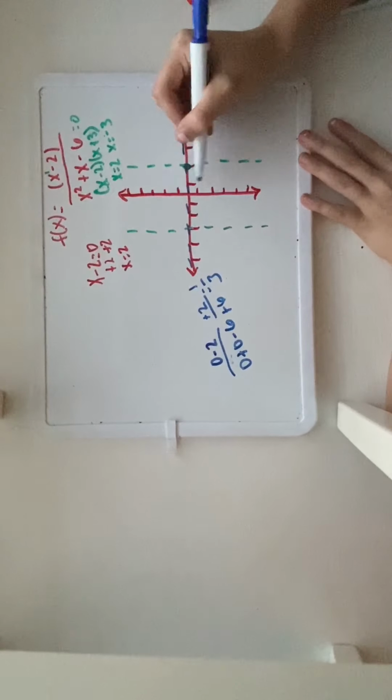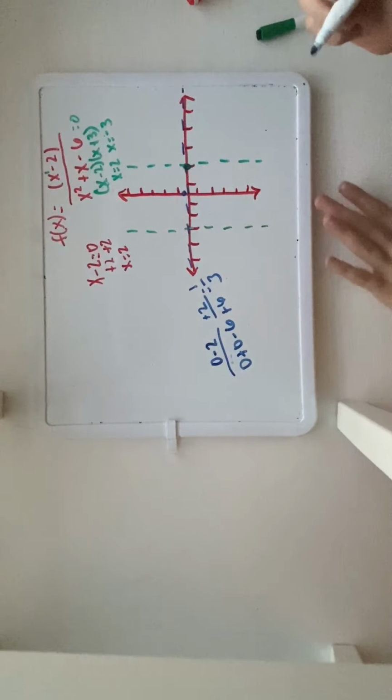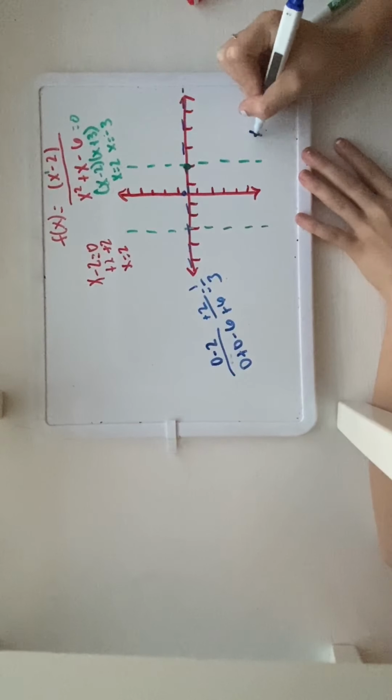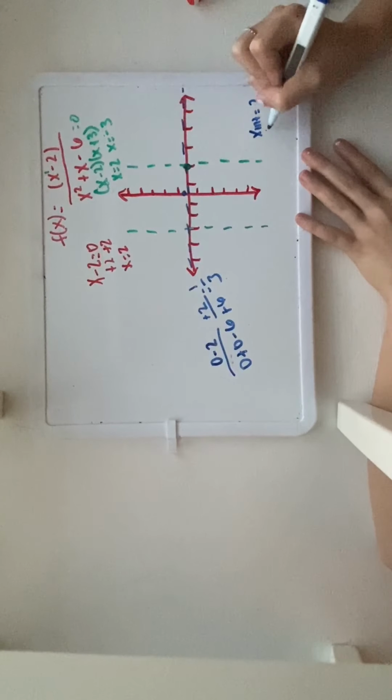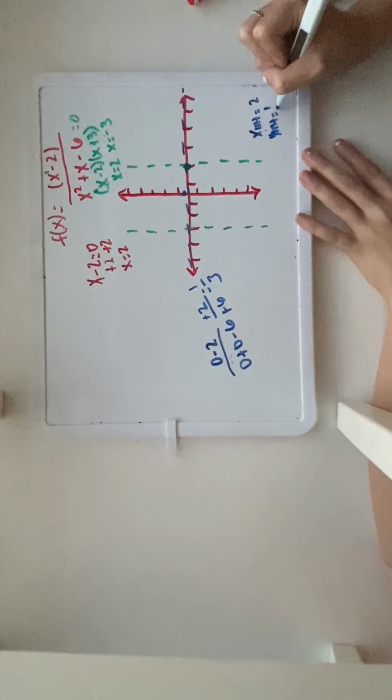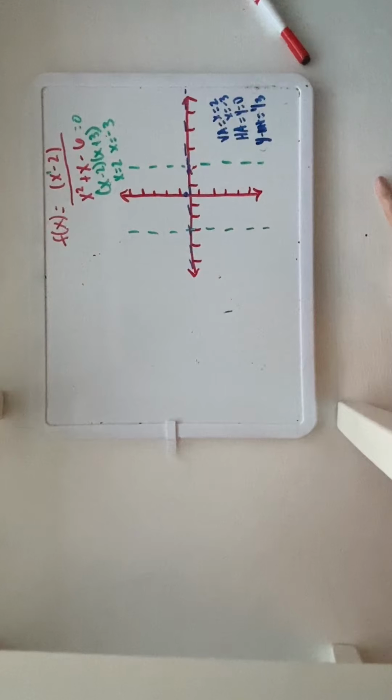So our y-intercept is just going to be right here. Okay, so here I wrote down our vertical asymptotes, which are x equals 2 and x equals -3, our horizontal asymptote, which is y equals 0, and then our y-intercept, which is 1/3.